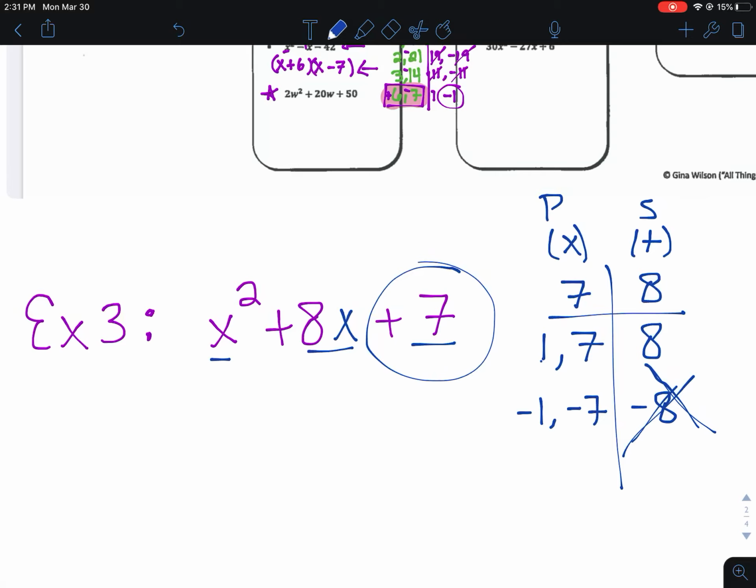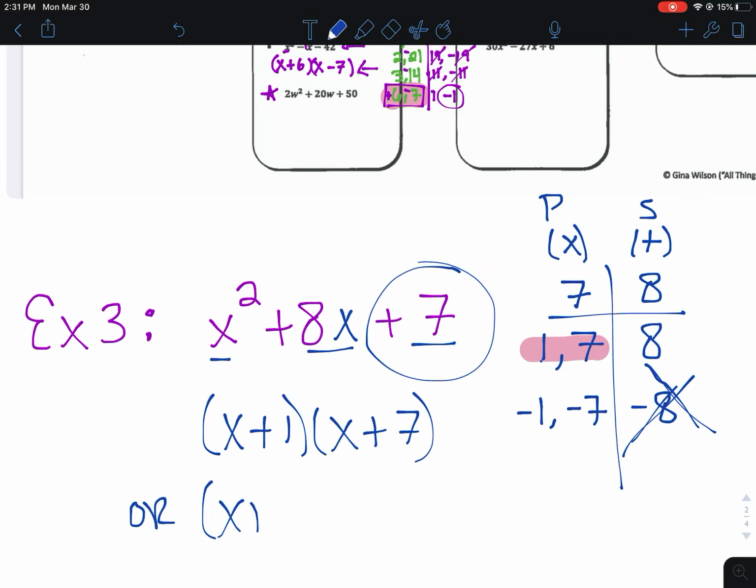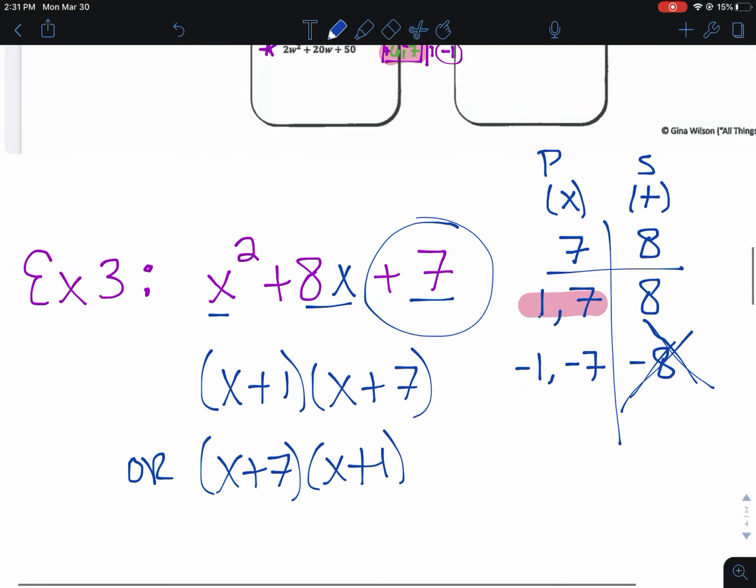So I already found my two numbers that quickly, 1 and 7, so my factors are going to be x plus 1 and x plus 7, or x plus 7, x plus 1. Again, they're going to give you the exact same answer no matter what.